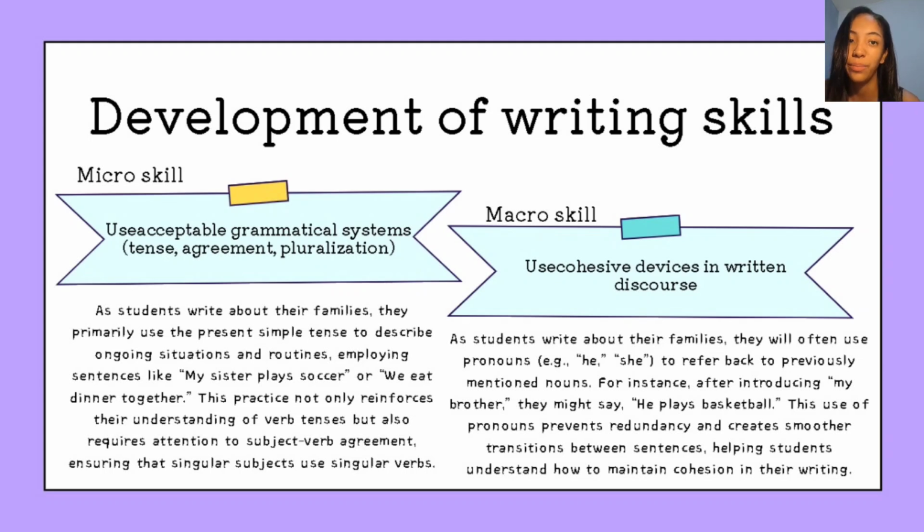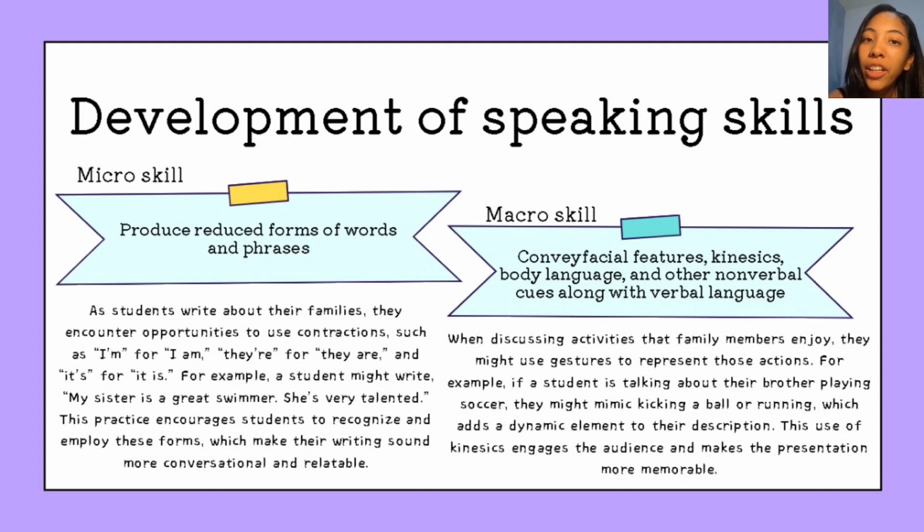And finally, with speaking skills, we have as a micro skill to produce reduced forms of words and phrases. As students write about their families, they encounter opportunities to use contractions such as I'm for I am, they're for they are, and it's for it is.